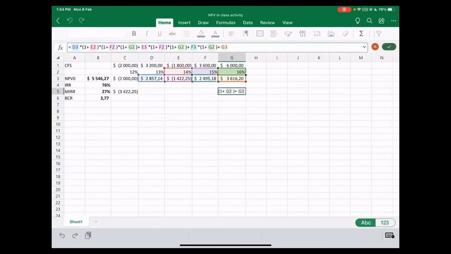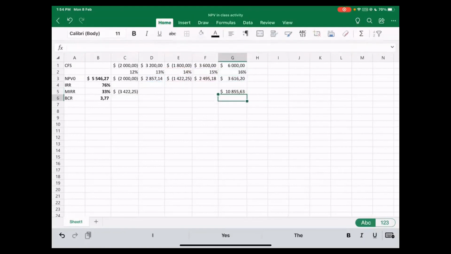It's E3. Be careful. This is redundant, and so here is the present value of all future positive cash flows. This 10,000 represents what? It represents the future value of all positive cash flows. Okay, very good. And this 3,400 represents the present value of all negative cash flows.